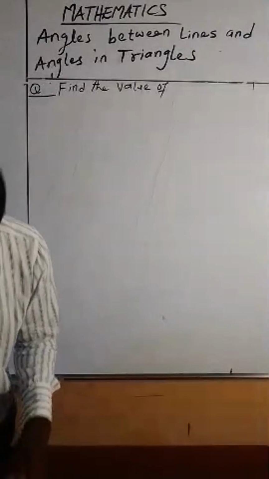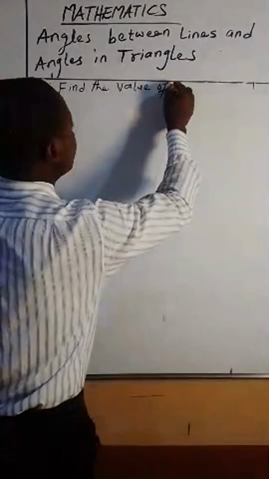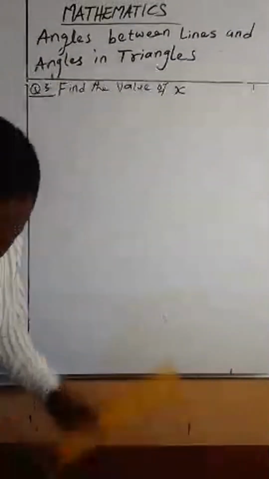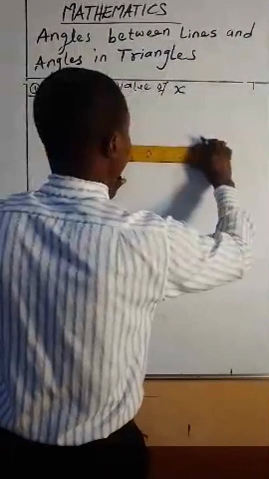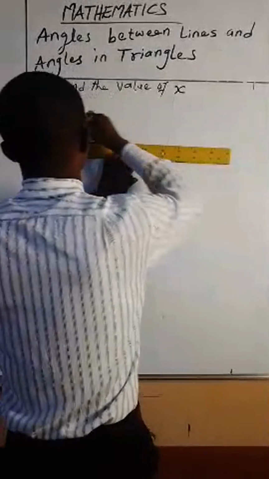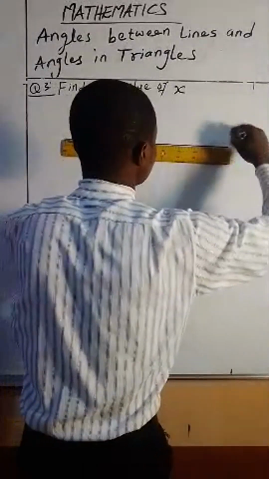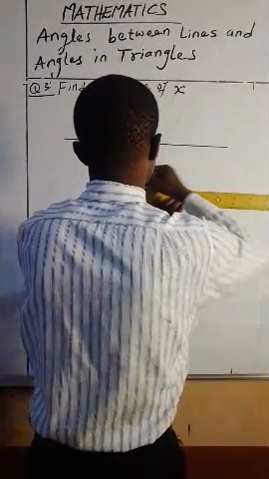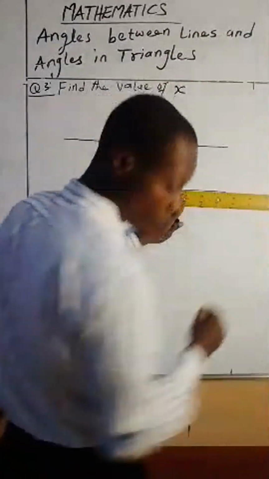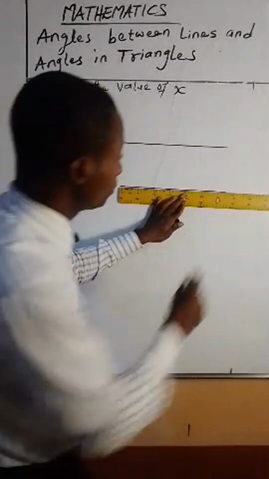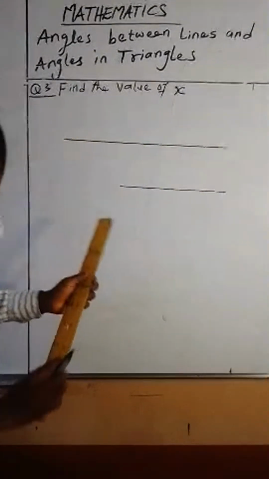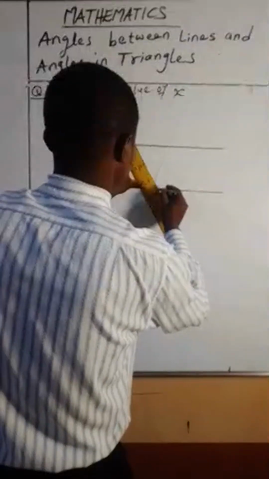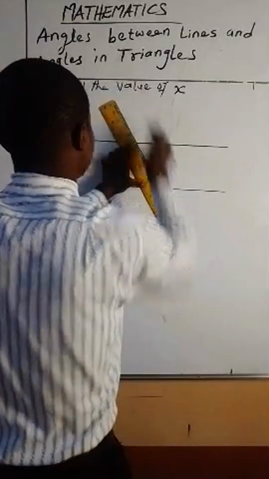So in question number 3, we are told to find the value of x in this. So we are given 2 lines like this. Here we have something like this.